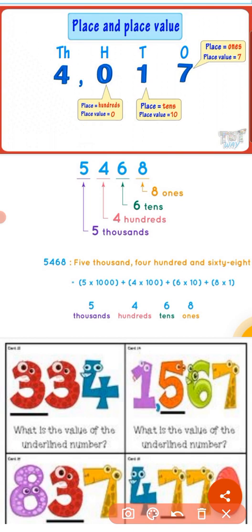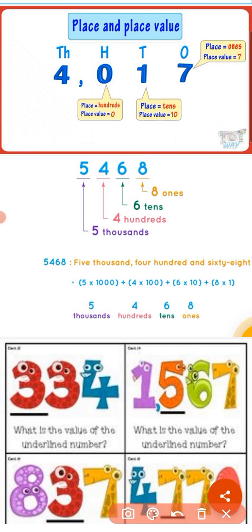Next, 0 is in hundreds place. 0 into 100 is equal to 0. Any number multiplied by 0 is equal to 0. So the place value of 0 is 0.